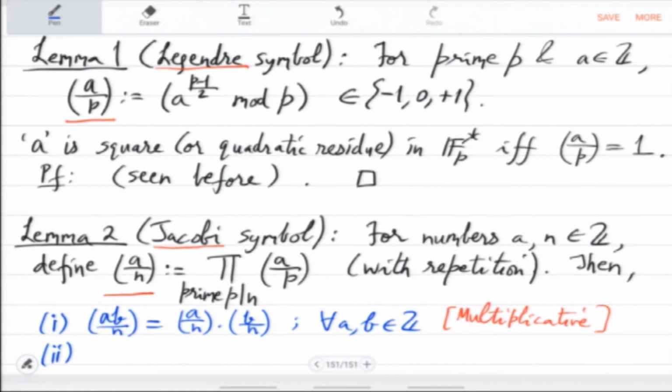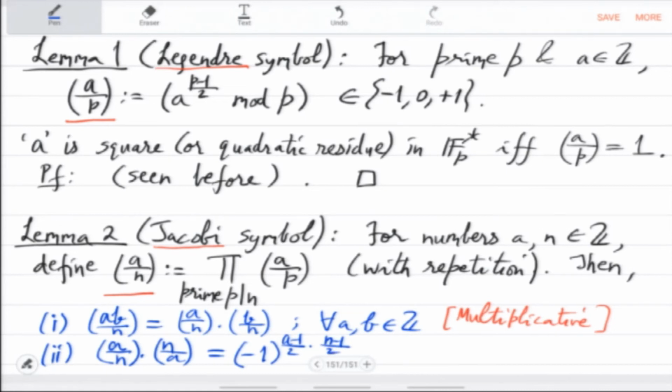The second one is what is called the reciprocity law. What it means is that if you know A by N, N by A is correlated. So A by N times N by A is just a sign. And we can actually find out the sign easily. This is -1 to the A minus 1 by 2 times N minus 1 by 2.